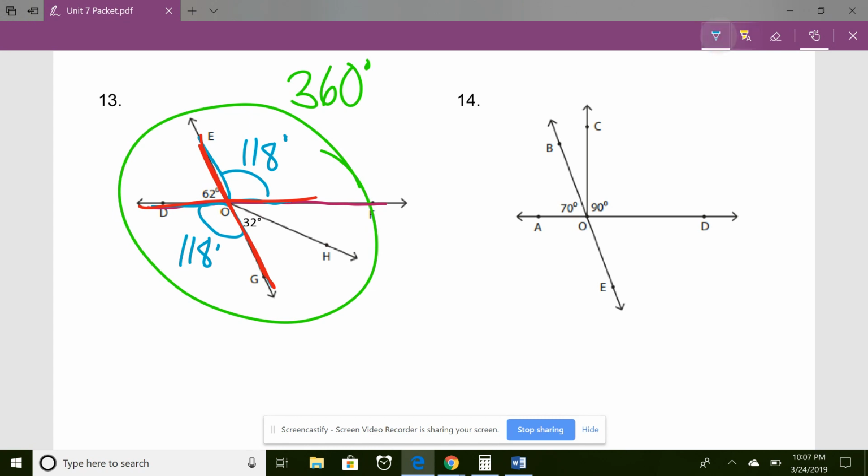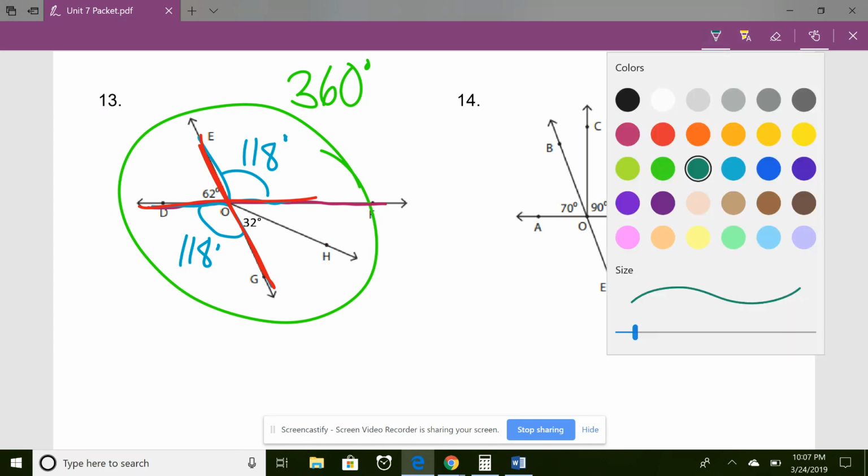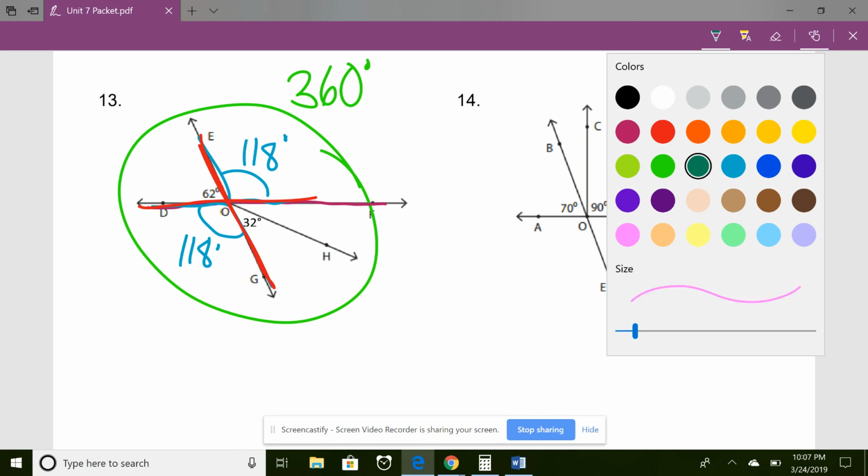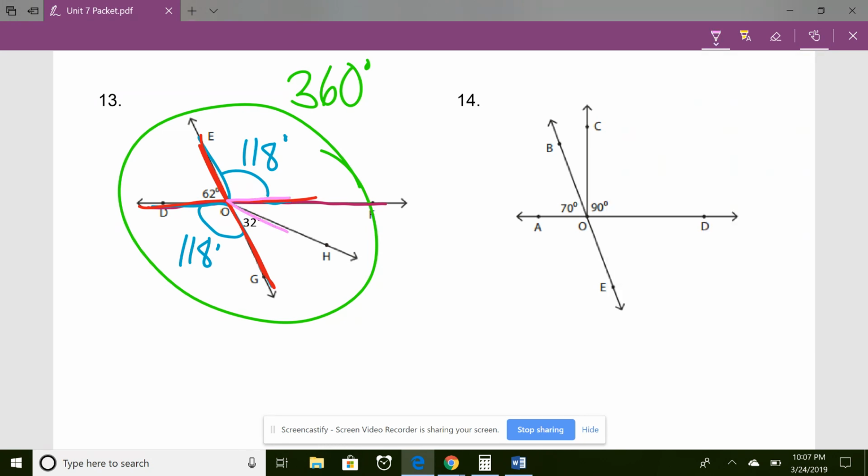Okay, one last angle, right? We'll do this angle right here. Now to figure that out, we know this line right here is 180 degrees. So we're going to subtract the 118 and the 32 from 180.